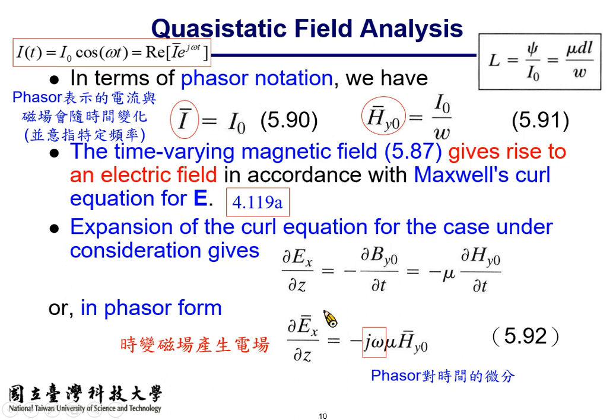Now we know that electrical field is pointing downward here, EX. We will have EX here, EX here.